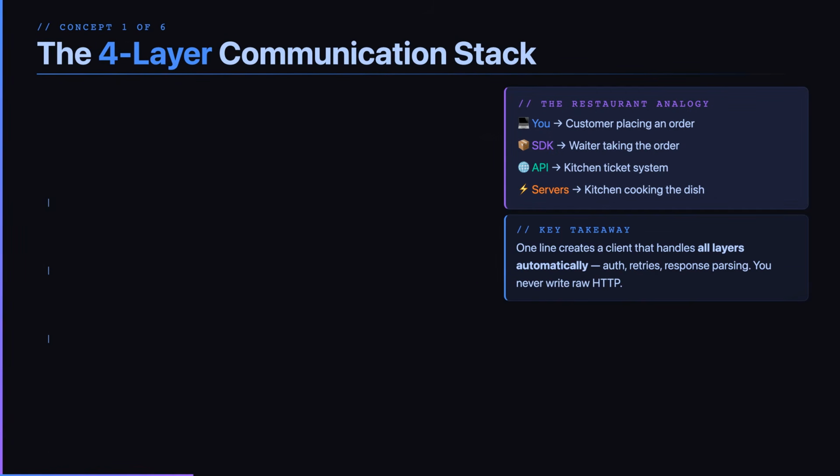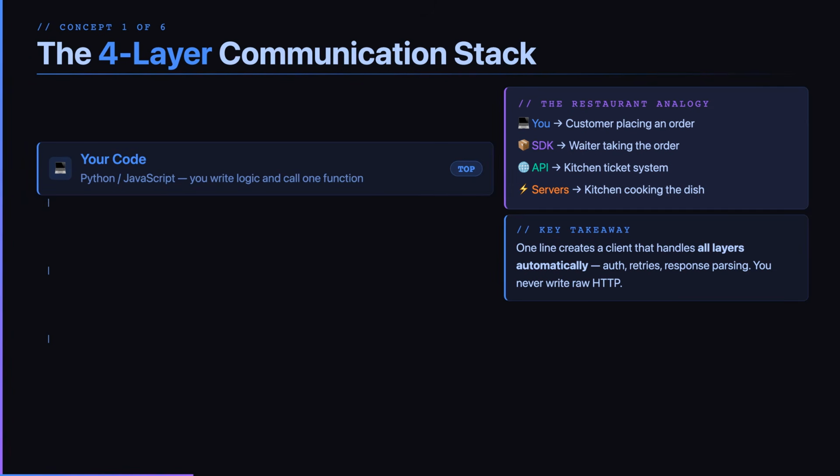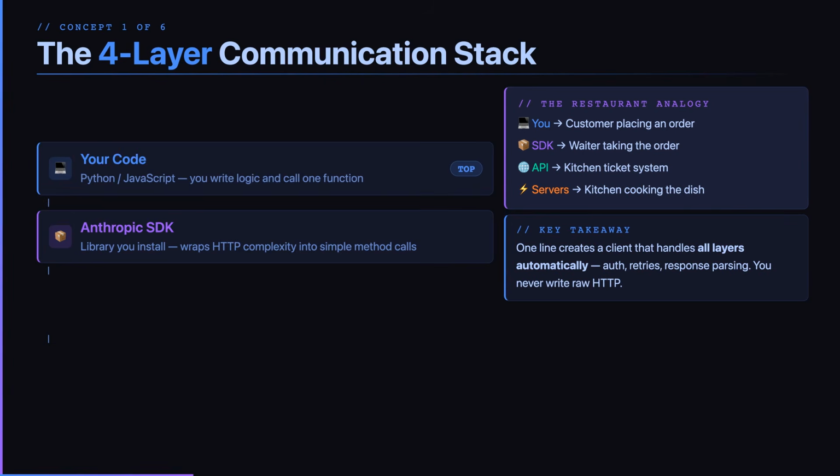Before we write any loops, you need to understand what actually happens when your code talks to Claude. There are 4 layers. At the top is your code, Python or JavaScript. You write logic and call a single function. That's all you interact with directly. Below that is the Anthropic SDK, a library you install that wraps all the HTTP complexity into simple, readable method calls.